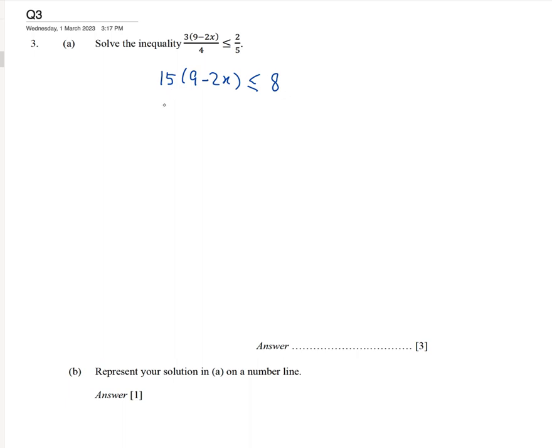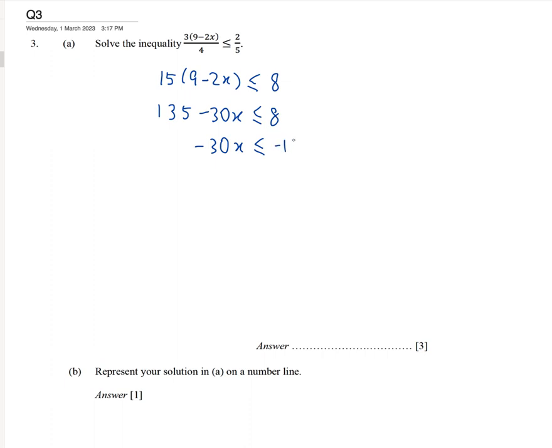15 times 9 is 135, and minus 30x is less than 8. Getting rid of the 135, we subtract 135. Similarly, we subtract 135 here.